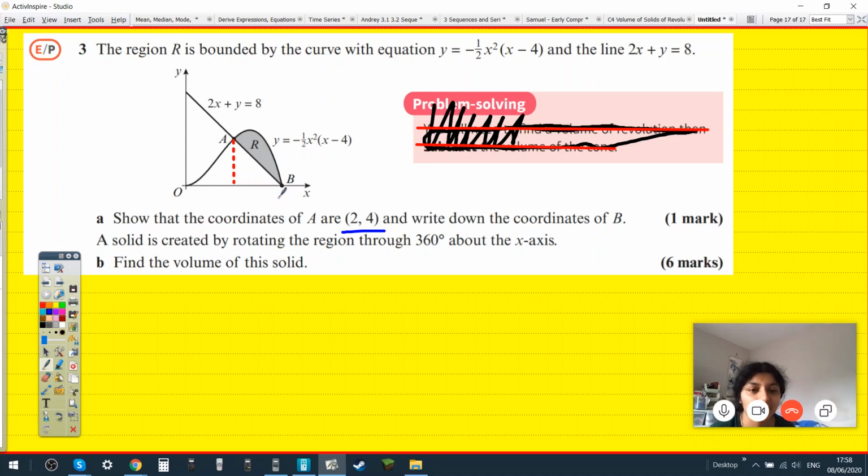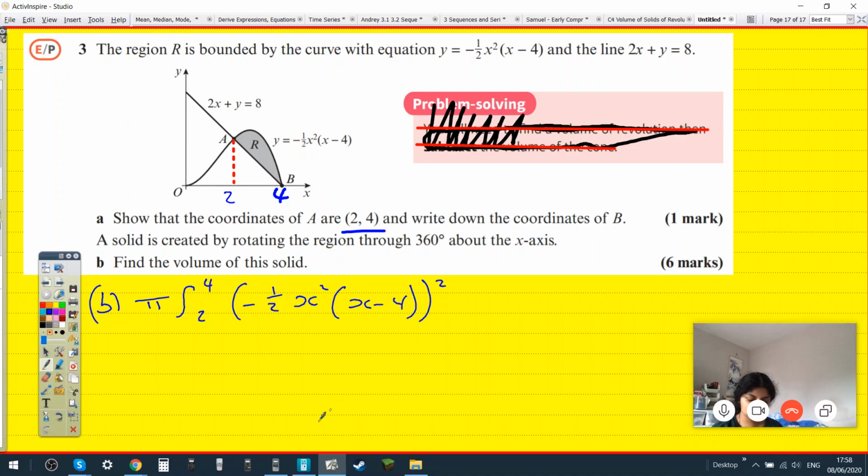X is 4. I know that much. Yeah, so the first one is just 4 into the limits, and then you have minus half x squared, x minus 4 squared. It's the curve, right? Yeah. Yep. Calculator. Yeah, big time.